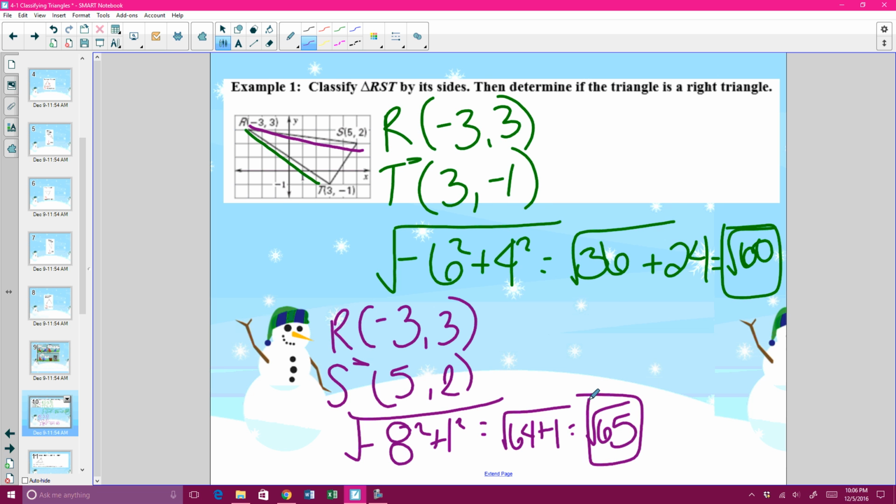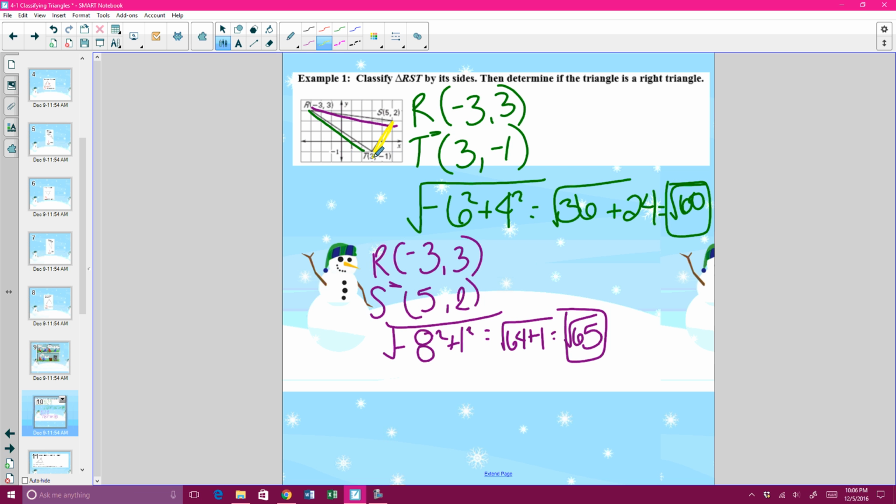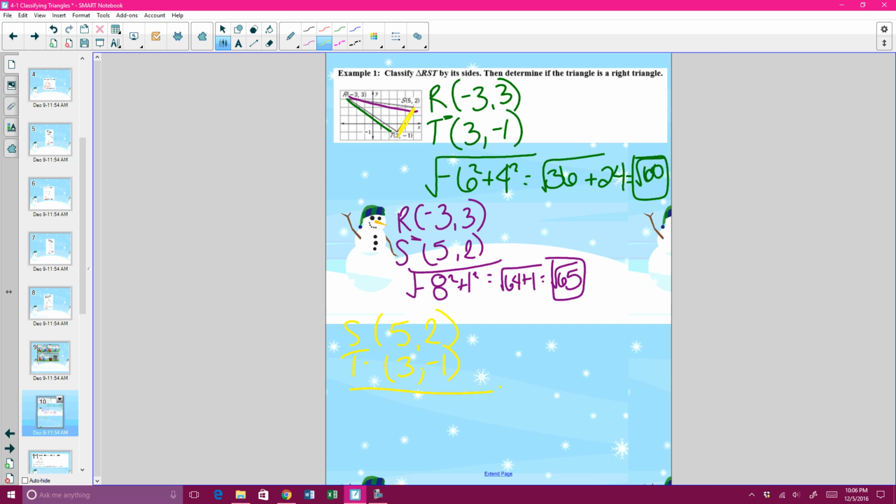So far 2 different size sides. So by its sides, we can classify this as scalene because none of these measures are the same.